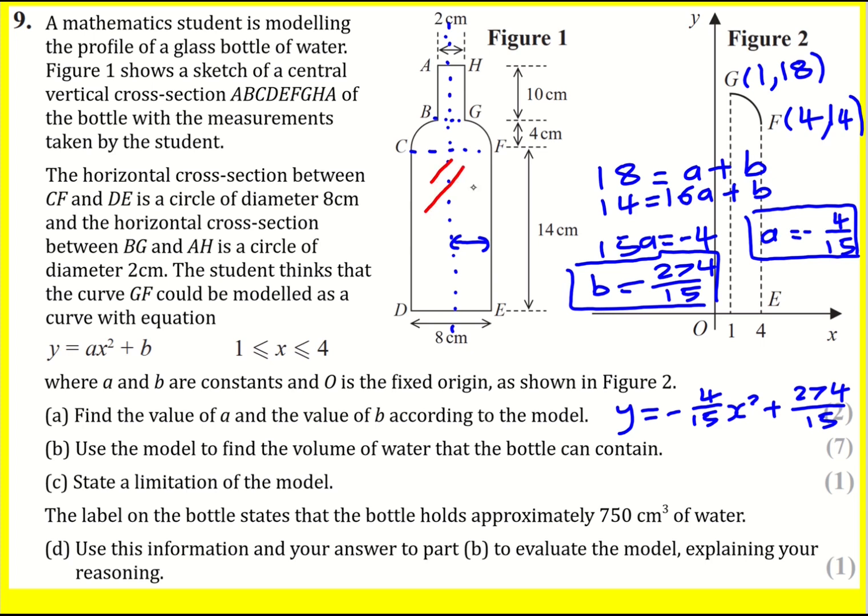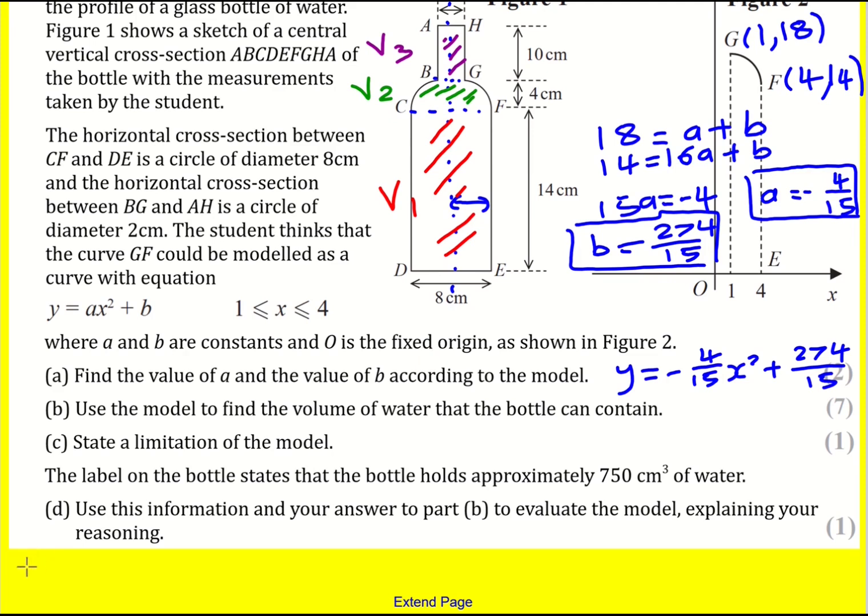So I'm going to split it into these three parts. I've got volume 1. I've got this is the most awkward volume, 2. And then this volume at the top, volume 3. So volume 1. This isn't too bad. It's already a cylinder, so it's going to be pi times 4 squared times 14.